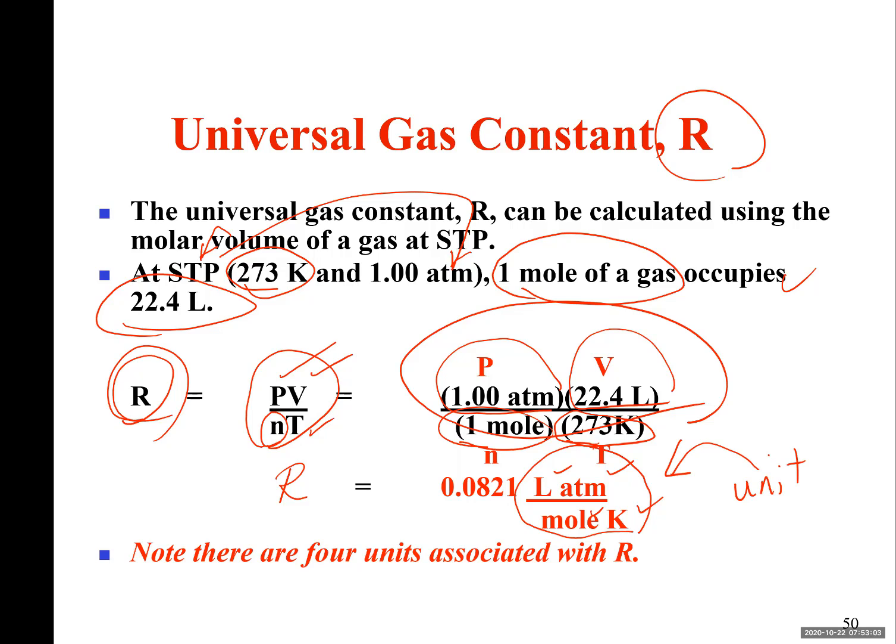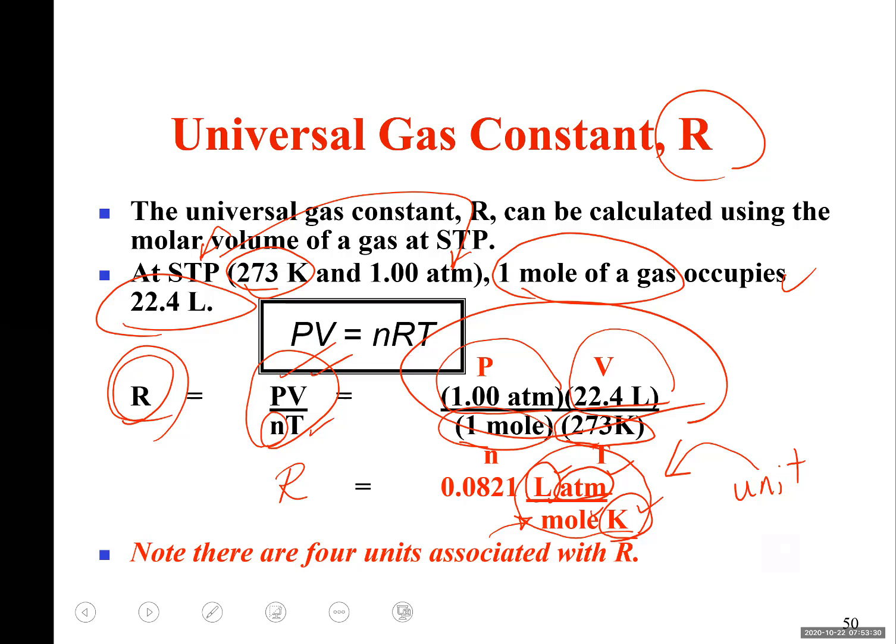If you're using this gas constant, your volume must always be in liters, the pressure should always be in atmospheres, and the temperature must be in Kelvin, and you don't use grams of the gas, you use moles of the gas. Just pay attention to these units, then it's easy to solve any ideal gas problems.